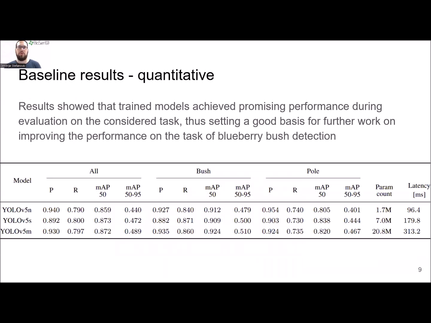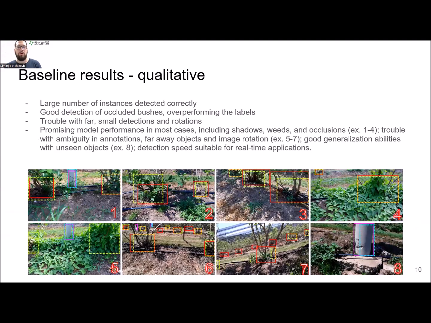Quantitative results showed that the trained models achieved promising performances during evaluation on the considered task, thus setting a good basis for further work on improving the performance of blueberry bush detection. As for the qualitative results, in this kind of analysis, results must be analyzed directly, and besides the labeled instances that were detected correctly, a large number of objects of interest were successfully detected even though they were not labeled by the annotators, as can be seen in the examples below.